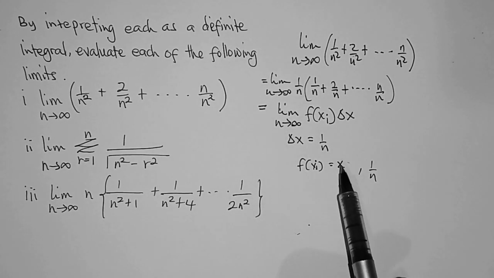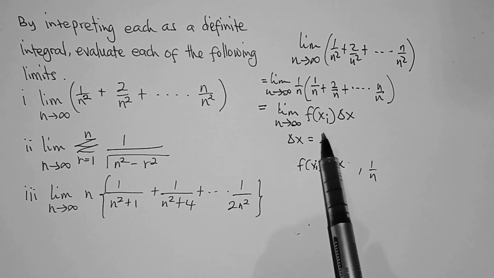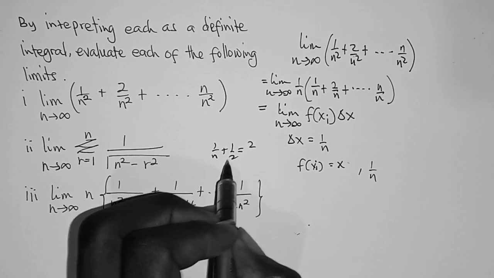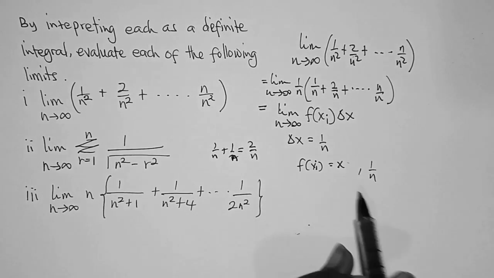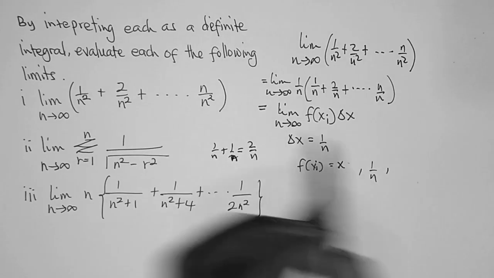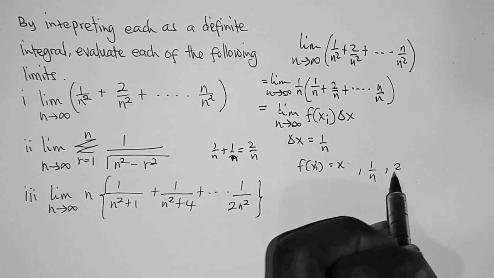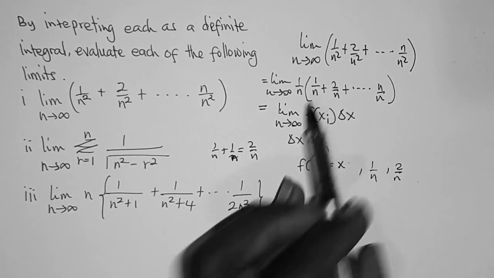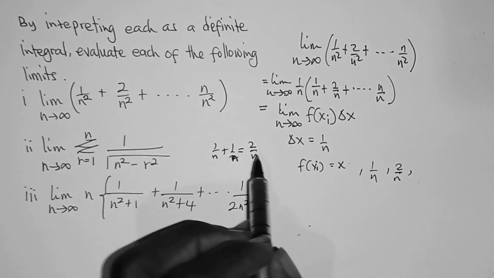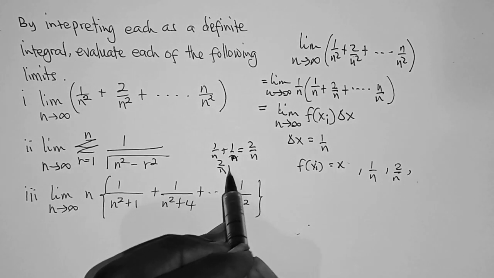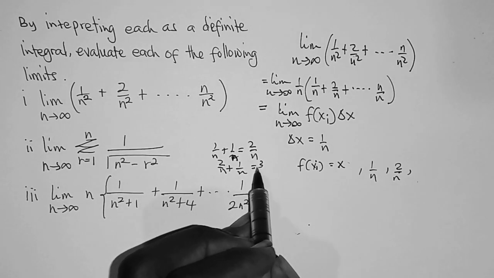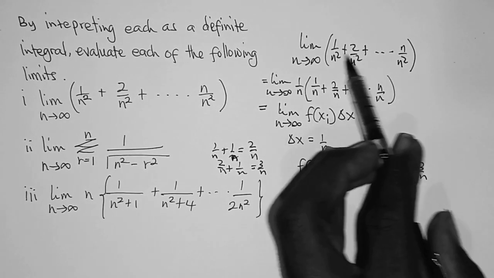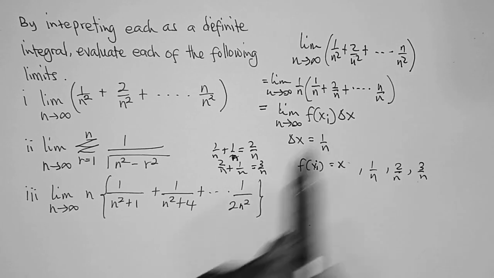Then the second one, we put 1 over n plus 1 over n, which is equal to 2 over n. So the second term will become 2 over n, and that is what we have here. And then the third term will be 2 over n plus 1 over n, which is 3 over n. So you see that we begin to get all the terms inside the bracket.